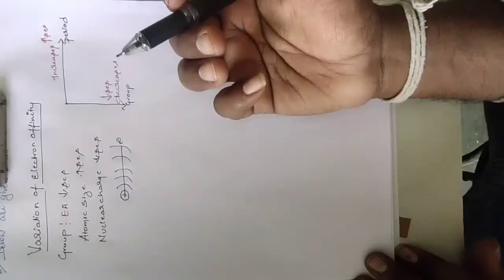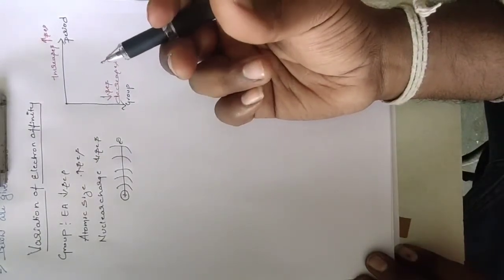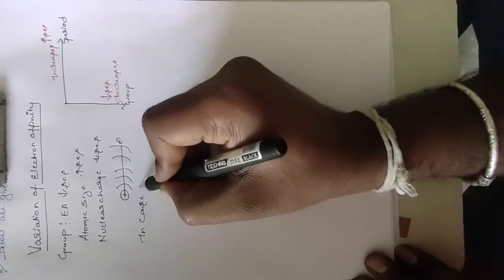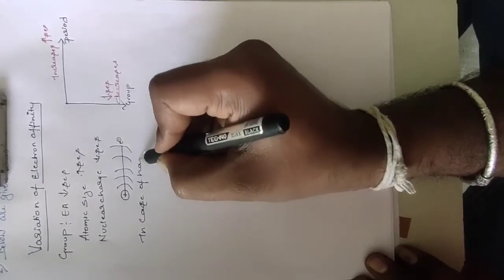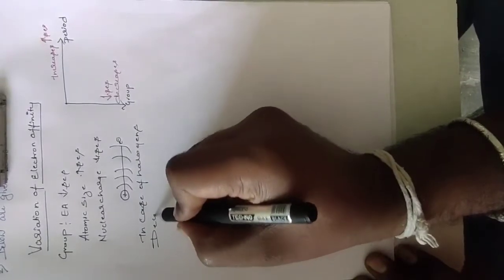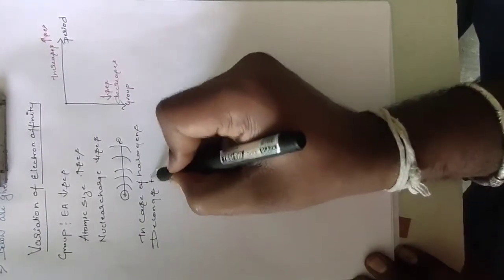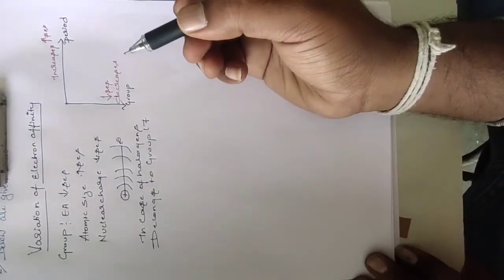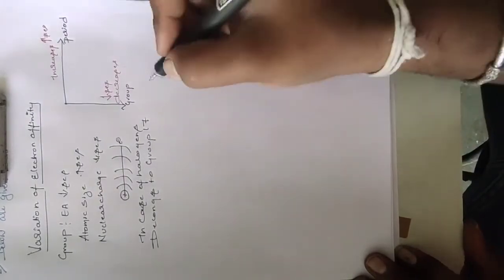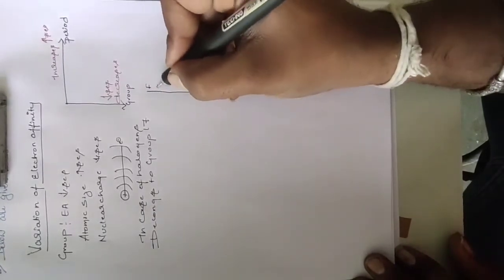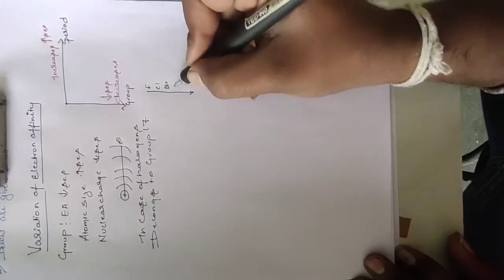In the case of halogens, which belong to group 17, if you write the group: fluorine, chlorine, bromine, iodine.